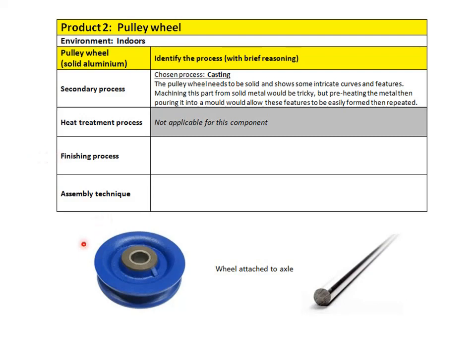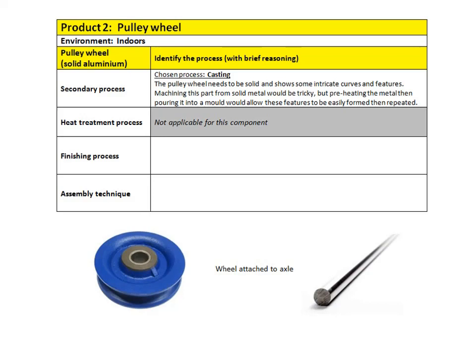Okay, number 3, the finishing process here. We're looking to see what sort of aesthetics does this need. Now the fact it's blue pretty much gives it away to me. That can only be one of two processes really. Could be anodizing, although anodizing gives you a bit of a sort of transparent colour. The only solid colour technique I know about is painting. Does that suit this product? Well, yeah.